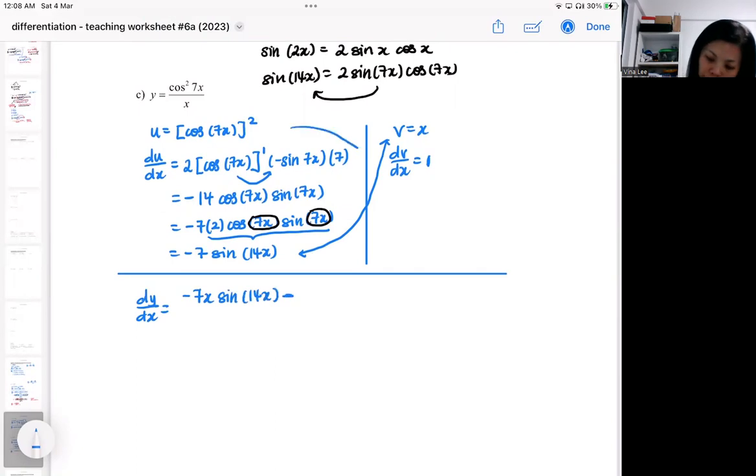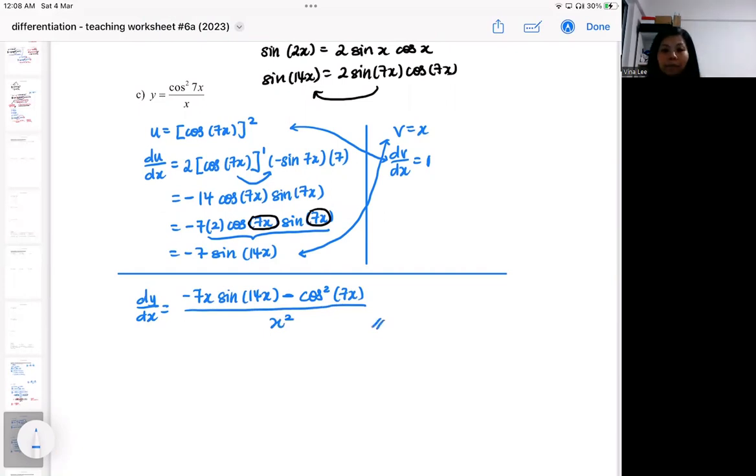Then I'm going to subtract this part. So I'm going to subtract a cosine square 7x divided by denominator square, which essentially is just x squared. And if you see, there's nothing to simplify. So that's my answer. Nothing much to simplify. The only take out common factor could be the negative sign in the numerator. But I can just leave it there.